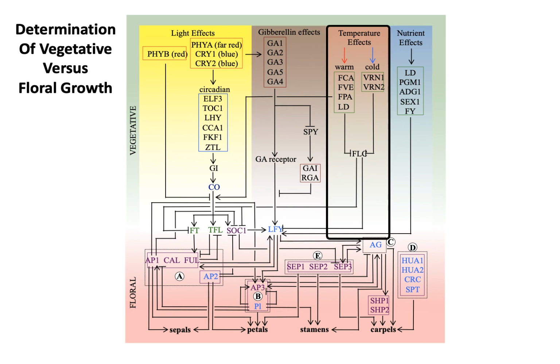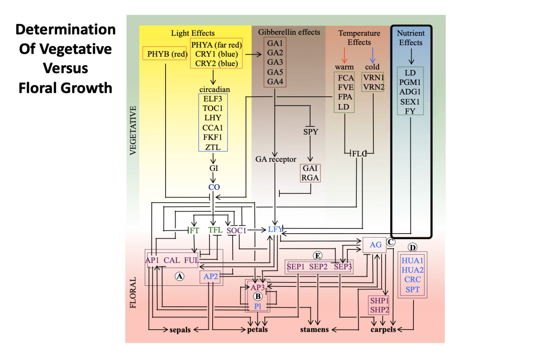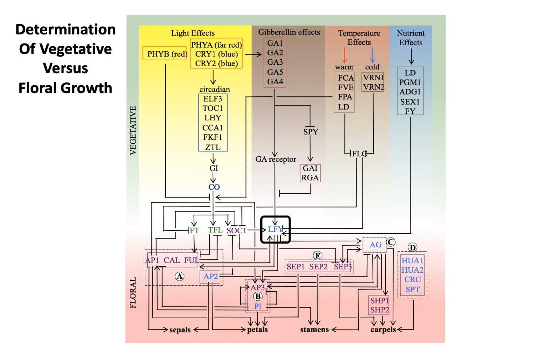Temperature can affect this, so that warm temperatures will cause one type of vegetative structure to form, and cold temperatures will change the vegetation, and nutrient effects also. And each one of these will affect whether the plant flowers or not, and they're centered around this particular gene, which is called leafy.